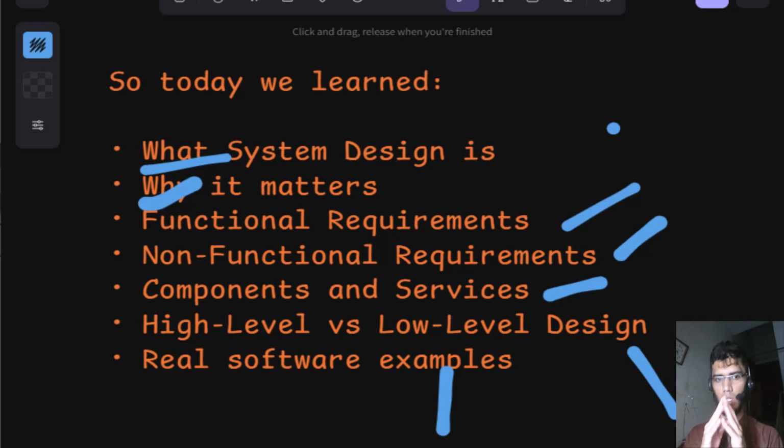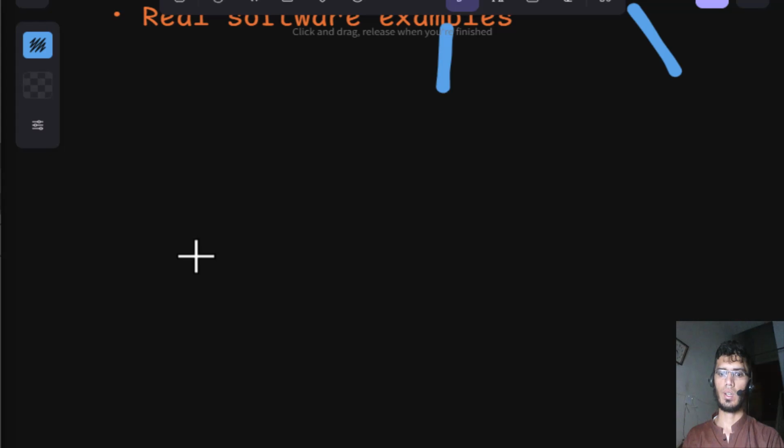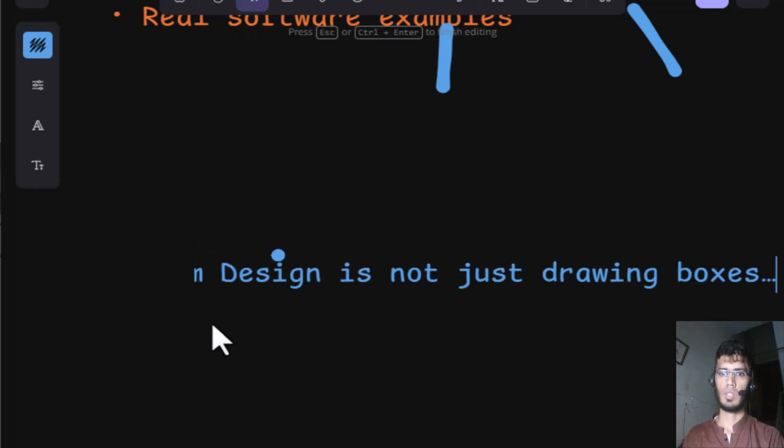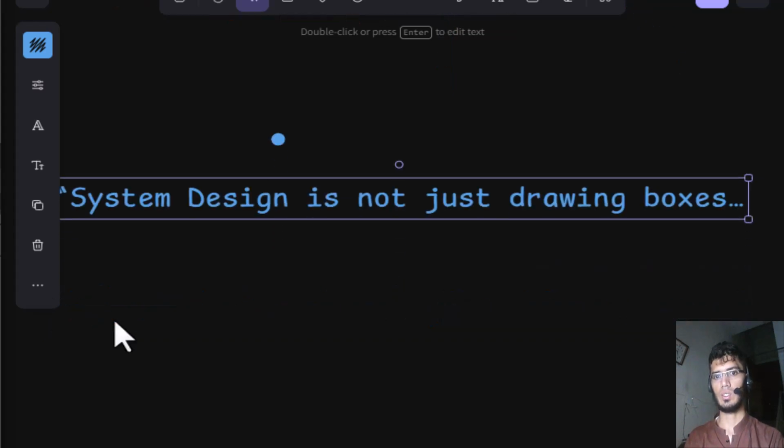And remember this line forever: system design is not just drawing boxes or creating an architecture diagram. It is thinking like an engineer.